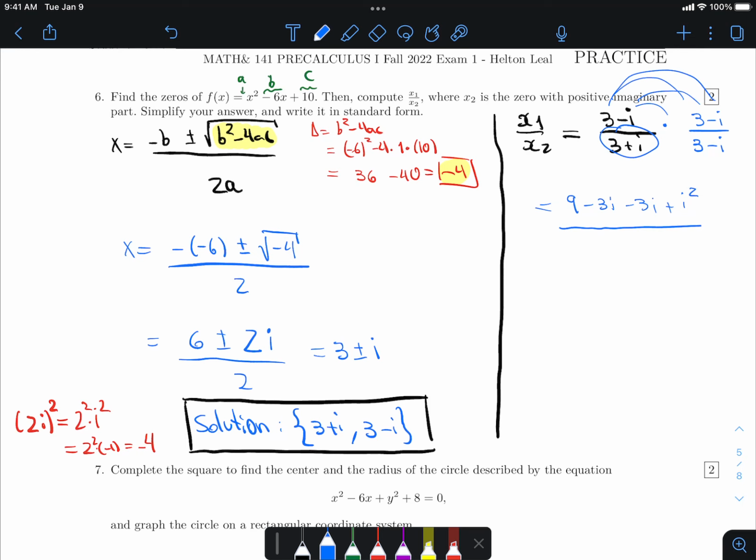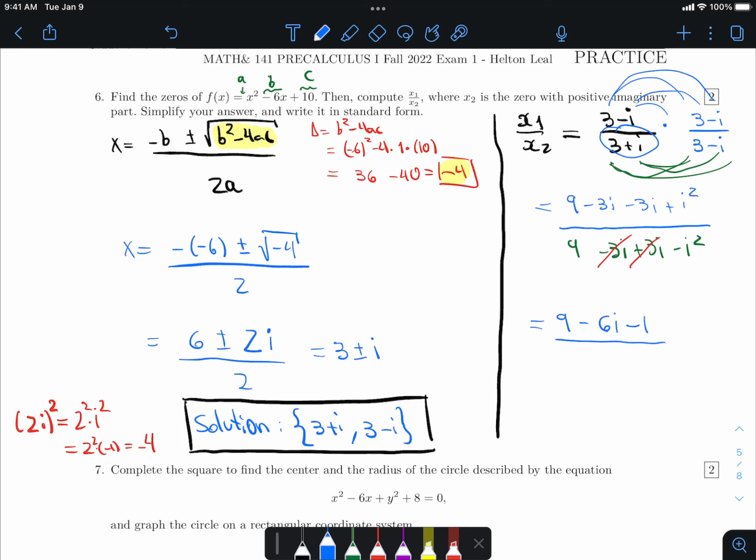And then at the bottom, I have 3 times 3, 9, then minus 3i plus 3i, minus i squared. And that is exactly why we did this, so that the i's would cancel. You always want that no i's show up at the bottom of your fraction. So continuing, a 9 minus 6i, and this is minus 1.